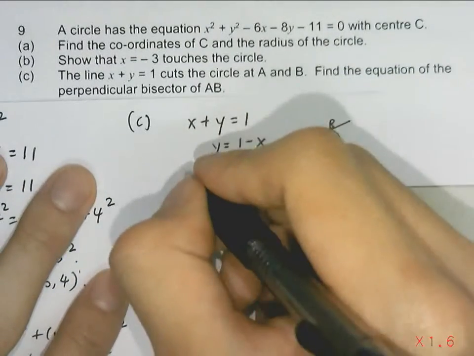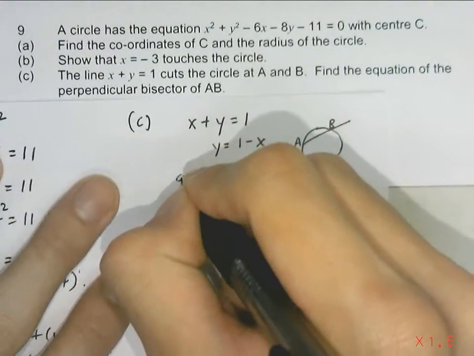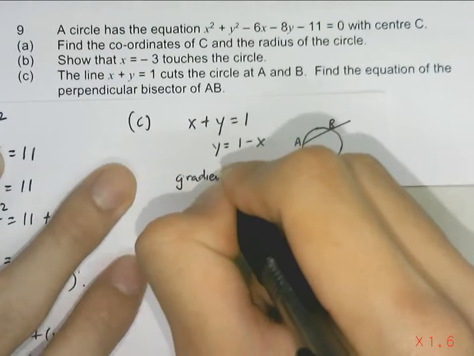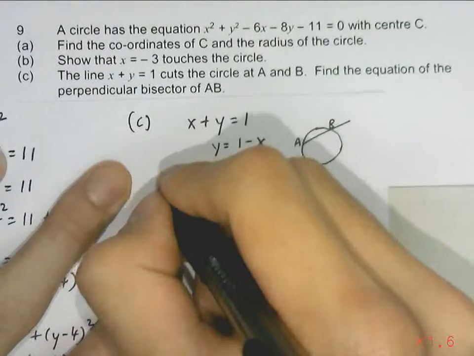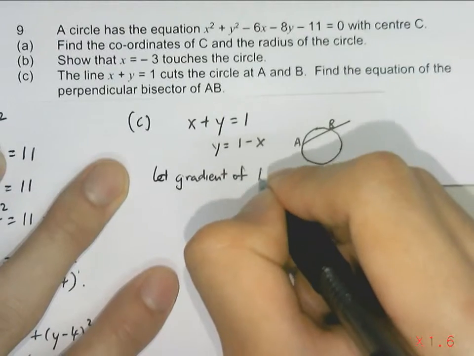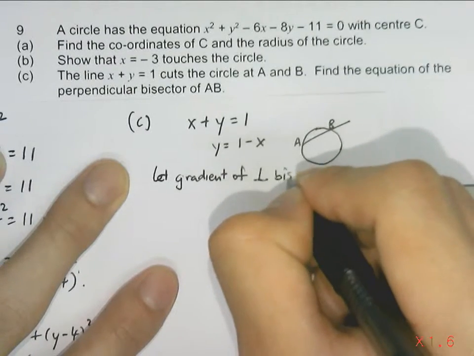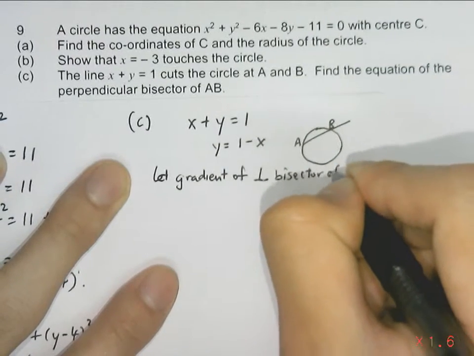We need to find the gradient of the perpendicular bisector of AB.